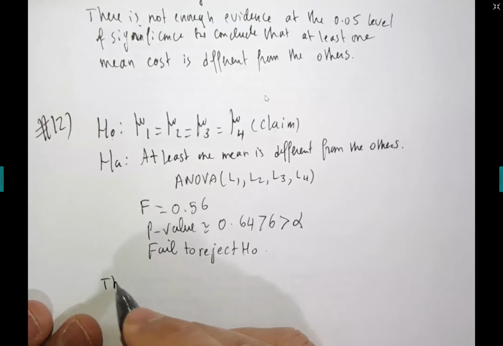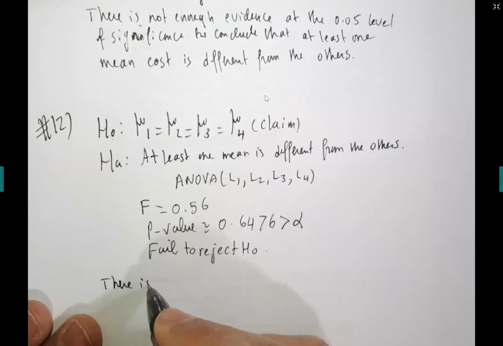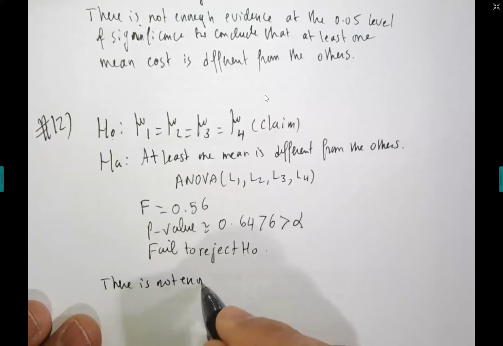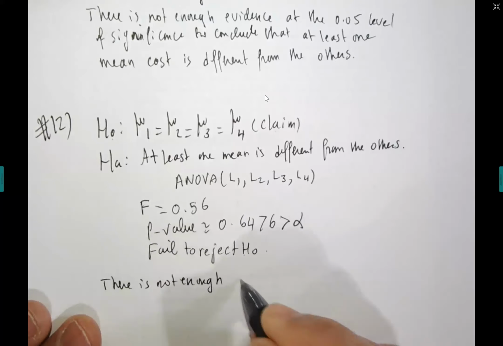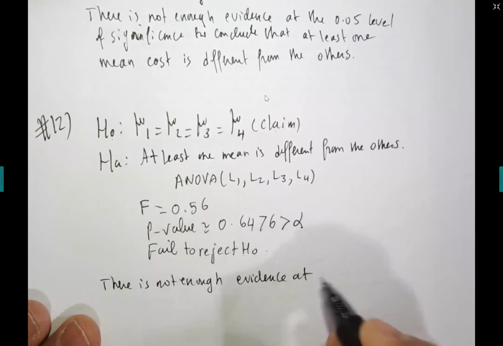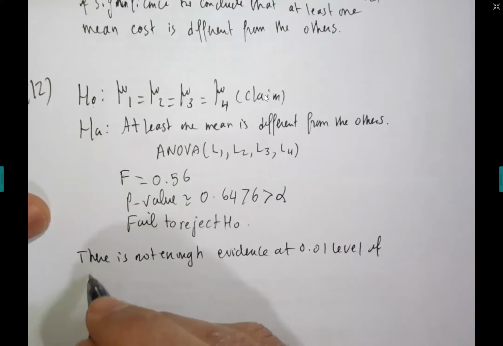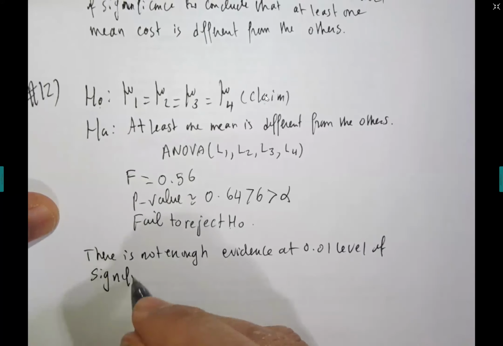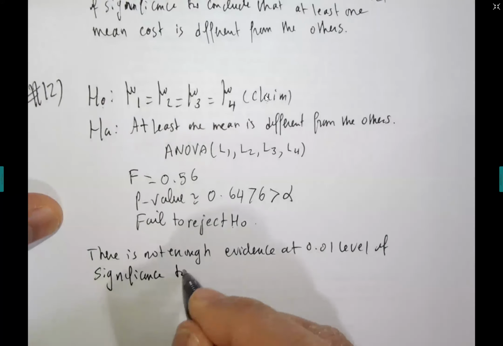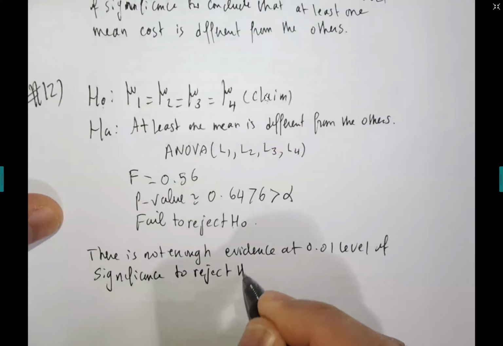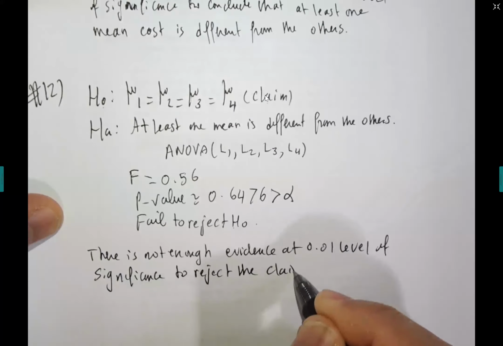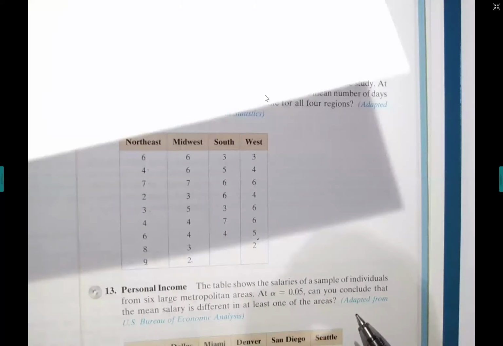So there is not enough evidence at, what is alpha here? At the 0.01 level of significance to reject the claim. I'm just going to copy it and paste it.